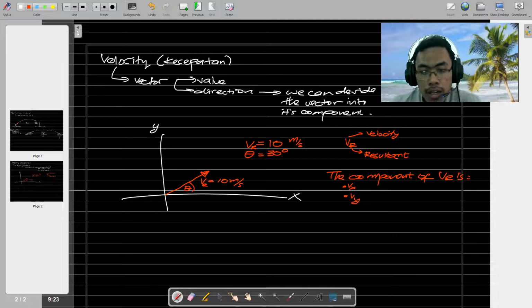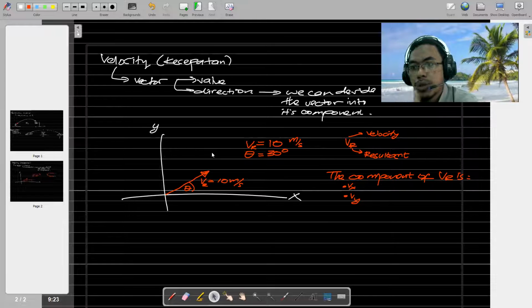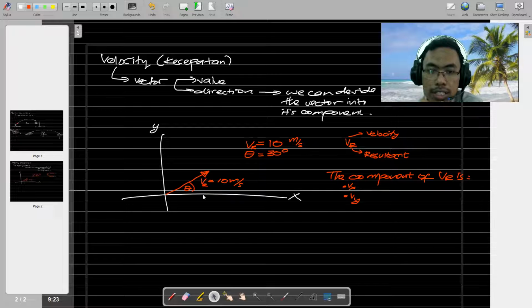So this velocity can be decomposed. We can divide the resultant velocity into its components, which are Vx and also Vy.